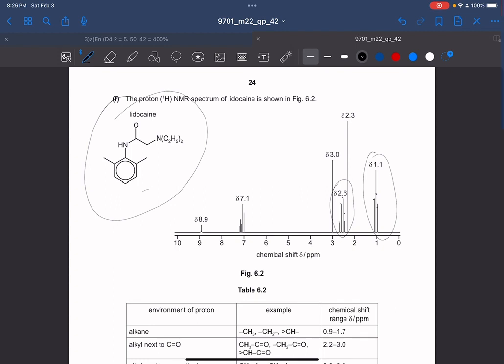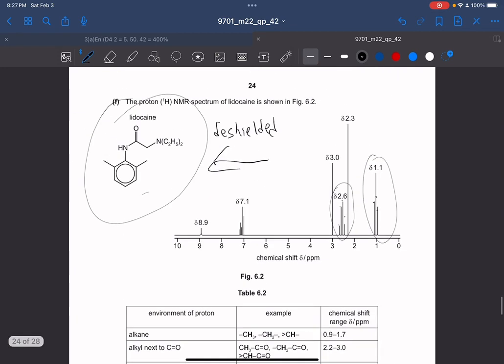The first thing I remember is that downfield means deshielded, upfield means shielded. So downfield would be towards here to the left. So basically, the further you are to the left, the more deshielded the proton is. So it probably means it's near a functional group like an oxygen or nitrogen as you go to the left. So that's something that I like to remember.